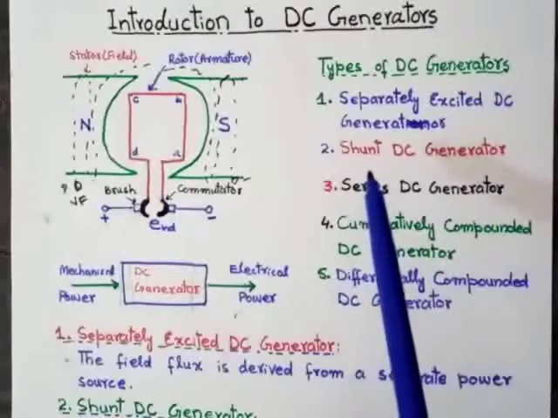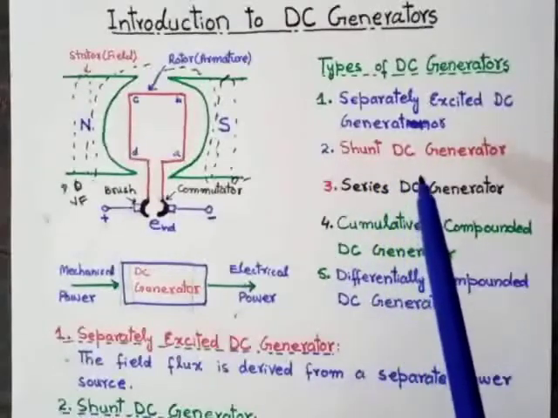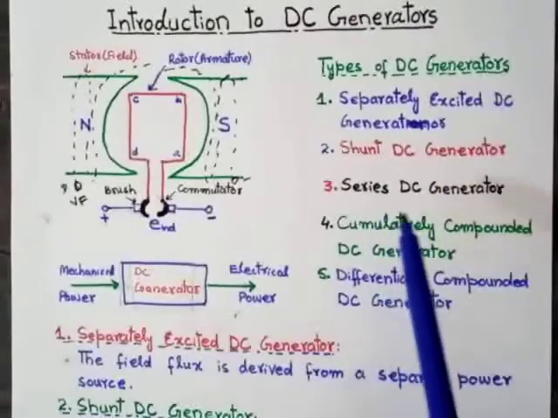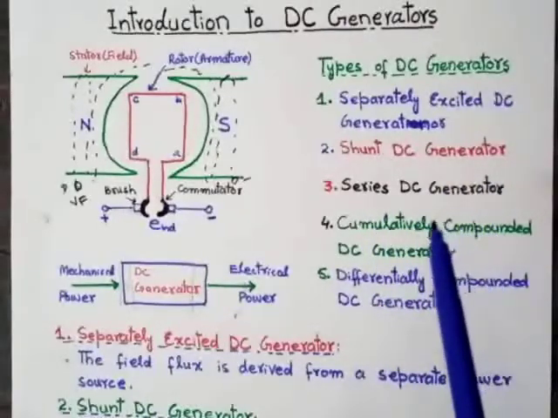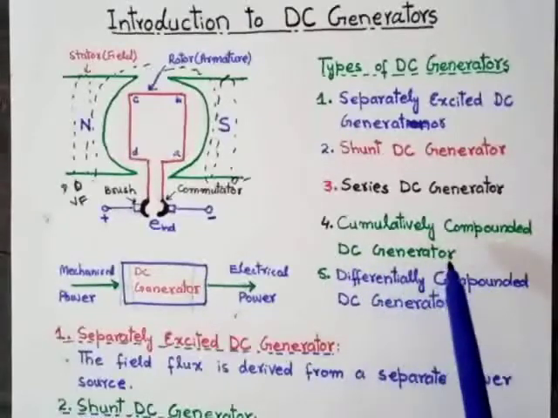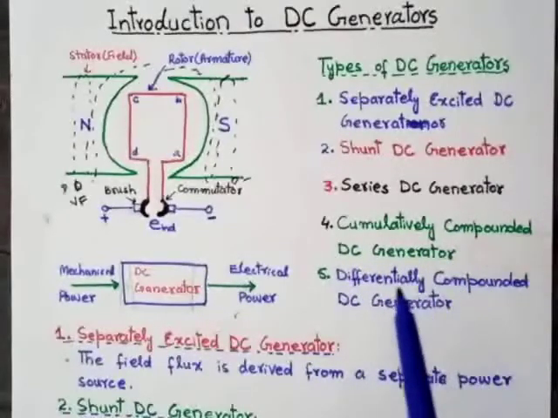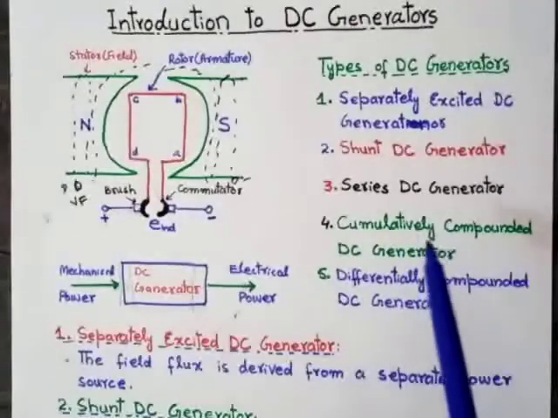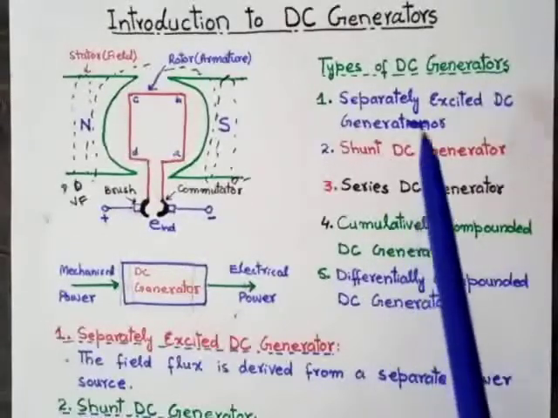The second is the shunt DC generator. The third type is the series DC generator. The fourth is the cumulatively compounded DC generator. And the fifth is the differentially compounded DC generator.